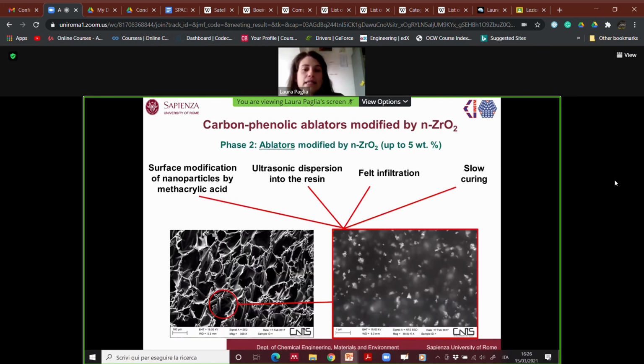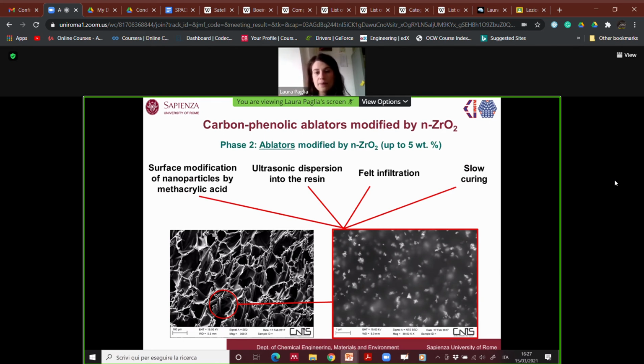In this case, we can observe the microstructure of an ablative material obtained with a certain curing process, okay, in which we obtained a good distribution of the resin inside the carbon felt. You can observe that the resin is distributed as very thin films among the carbon fibers.